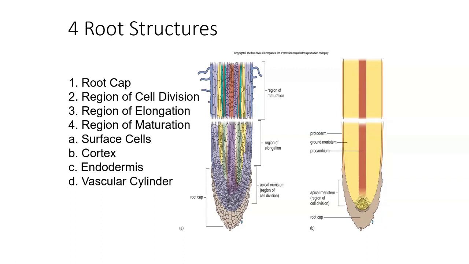Then you have region of maturation. So that's where the root is trying to grow larger. And then we have surface cells, the cortex, endodermis, and the vascular cylinder. So again, I know I'm moving very quickly, but a fun lab would be to take actually a root and try to determine those parts of the root.